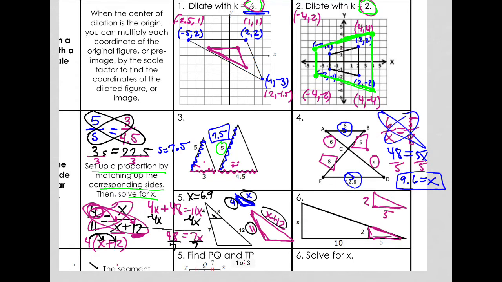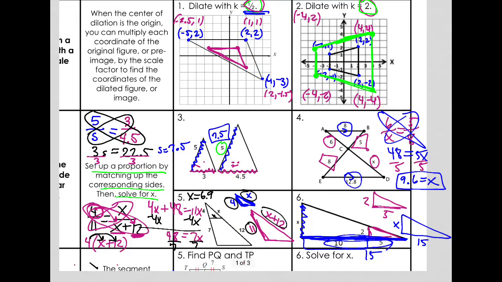But then when we look at the big triangle, and I'll do it in blue, this entire side of the big triangle is not 10. 10 is only from here to here. If I want the entire side length, I need to add those two numbers up, and the entire side length is 15. So my big triangle has 15 on the side there, and x is just what's on the side here. That's not split into parts.